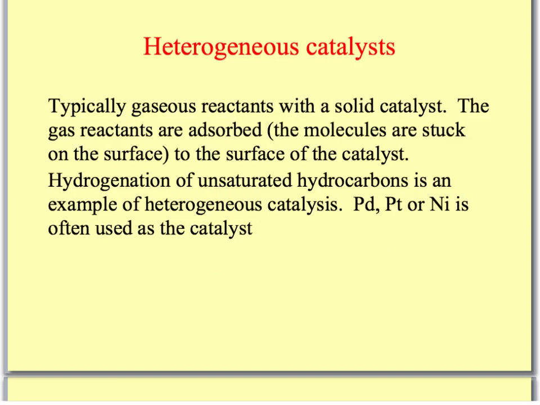In this case, the gas reactants are adsorbed, and no, this is not a typo. Adsorbed means that the molecules of the reactants are stuck to the surface of the catalyst. They're not absorbed, they just stick. So think of a piece of metal and all the molecules are sticking on top of that piece of metal. That's the adsorption.